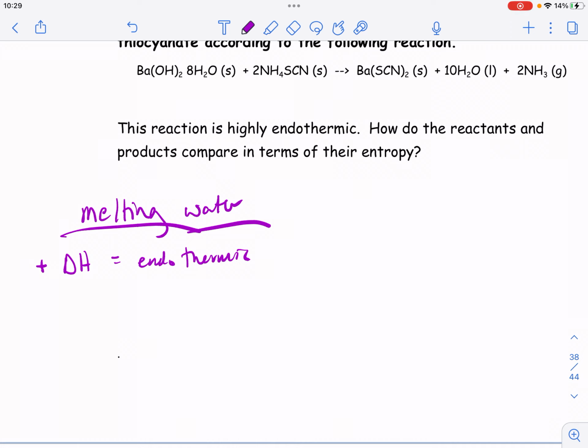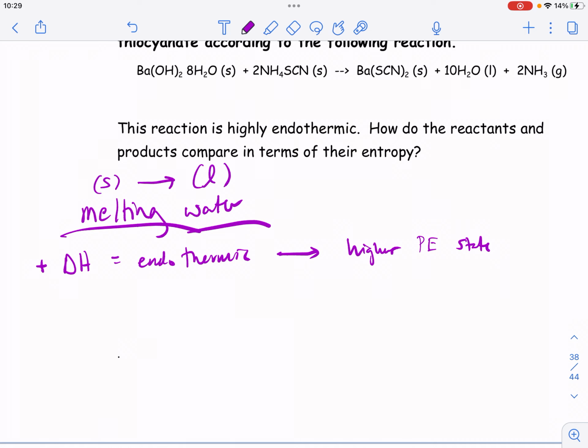This is endothermic, and endothermic changes are less likely to be favorable because you are absorbing energy and going to a higher potential energy state.